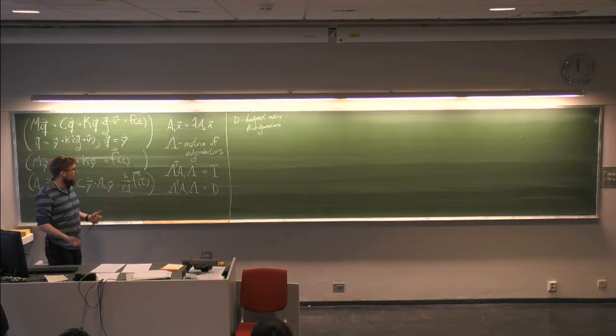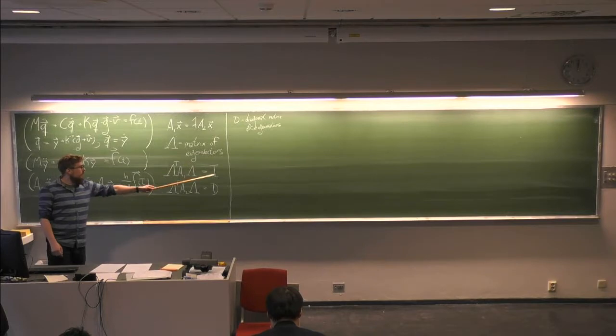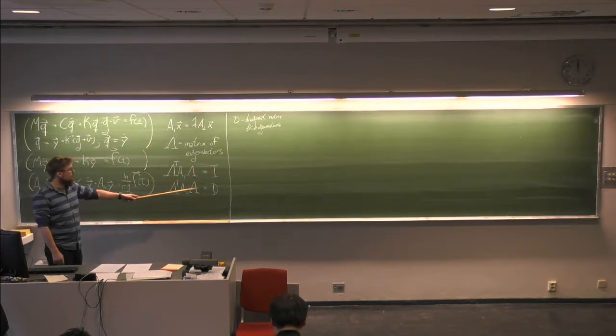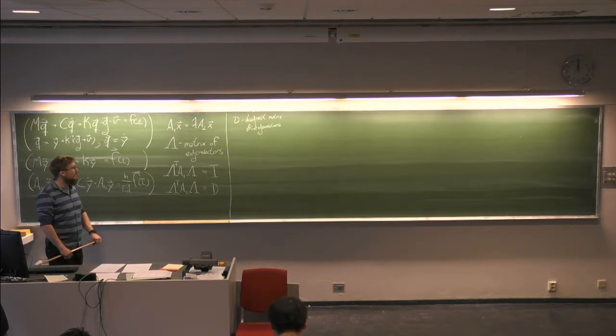And using the eigenvectors, we can construct a matrix capital Lambda such that capital Lambda transpose times A1 times capital Lambda gives the identity matrix I, whereas for A2, we get this P, which is a diagonal matrix with all of the generalized eigenvalues along the diagonal.